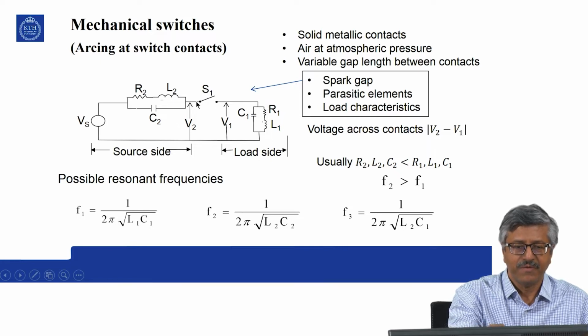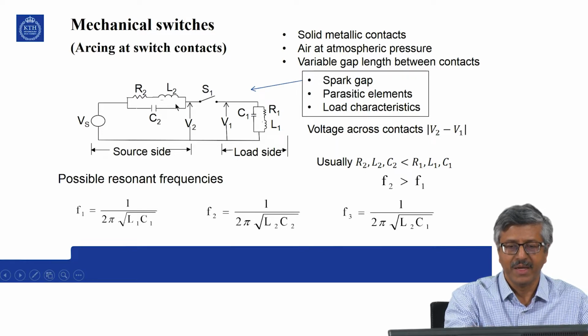Then feeding from the source you have some circuit, and that circuit will have some resistance, inductance and capacitance value, and you have some loads that is controlled by the switch that will have some resistance, inductance and capacitance value. So, source side is 2 and load side is written as 1 here.